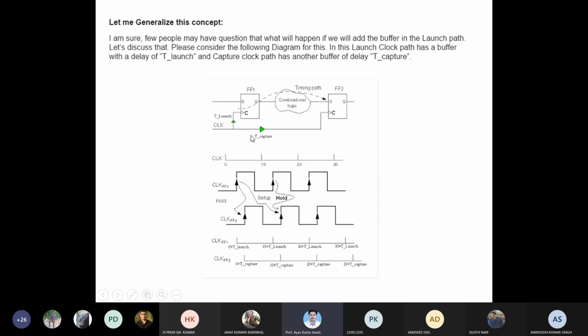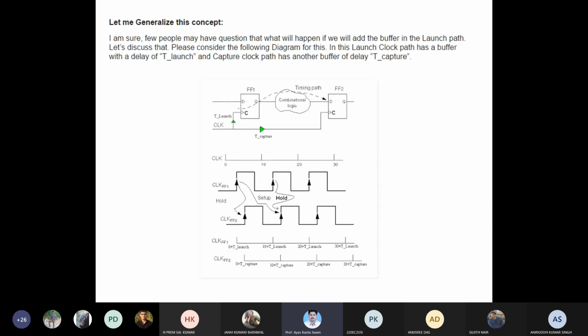There may be a chance that we add a buffer in the T launch path. See, in the T launch there is a green color, so a buffer will be added, and this period will be T launch. You can see clock FF1 is there. Then clock FF2 is delayed because clock FF1 now starts at 0 plus T launch, and clock FF2 starts at 0 plus T capture.